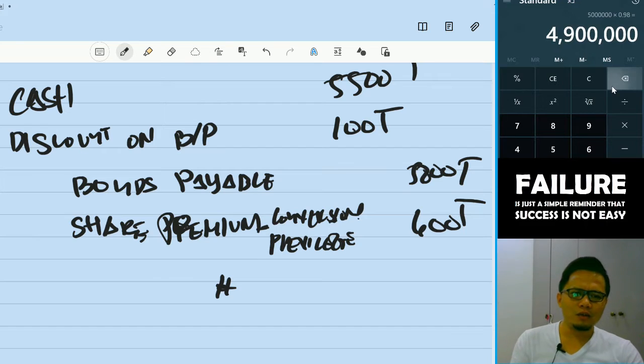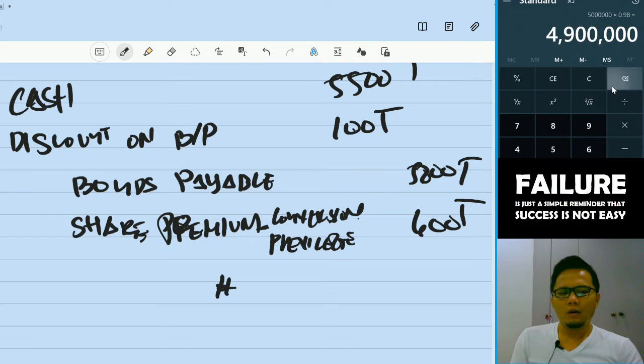Wag lang sana tayong malito na after the date of issue, same pa rin ito siya, plain bonds payable as to payment of interest, as to amortization of premium, same lang din the way how we treat it per accounting. This concept also goes with bonds payable with share warrants. After the date of issue, same pa rin tayo.